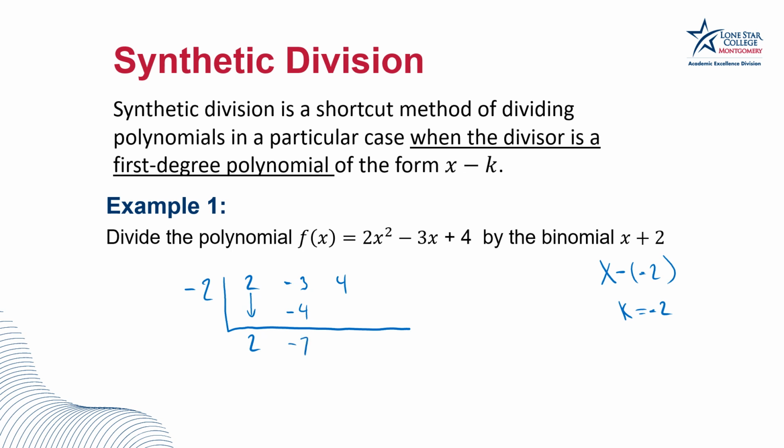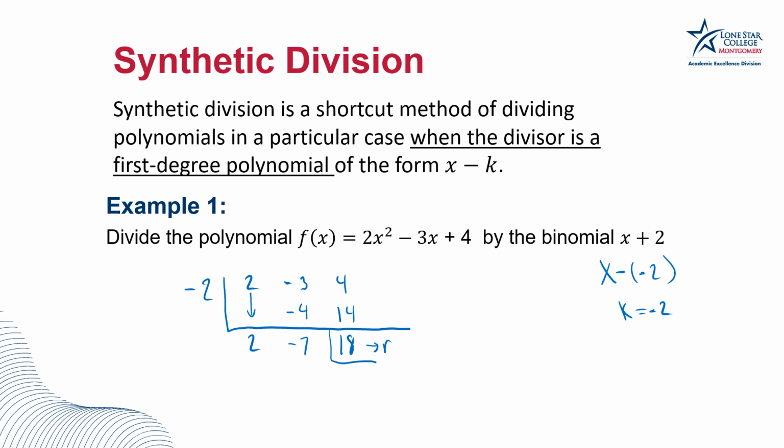And then again, negative 7 multiplied by the divisor. That's negative 7 times negative 2, which is positive 14. And then we add up the terms 4 and 14, gives us 18. And that right there is our remainder. So now that we've divided it, everything gets reduced down by a power.